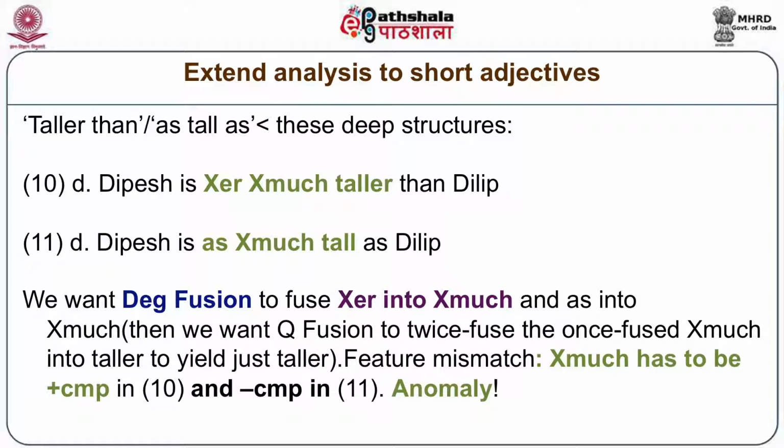What you therefore need to do is fuse the deg into its immediate neighbor Q, so that xer xmuch turns into more. Some varieties of English use "more taller." If you stop there, you get "more taller." If you go further and fuse the material into the short adjective, you end up saying "taller."